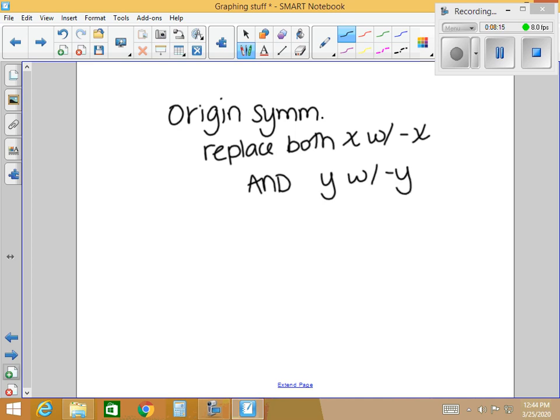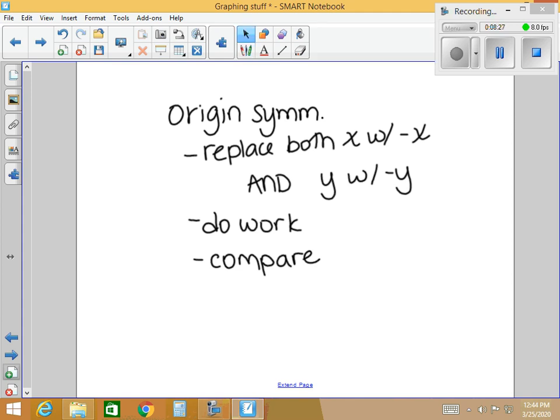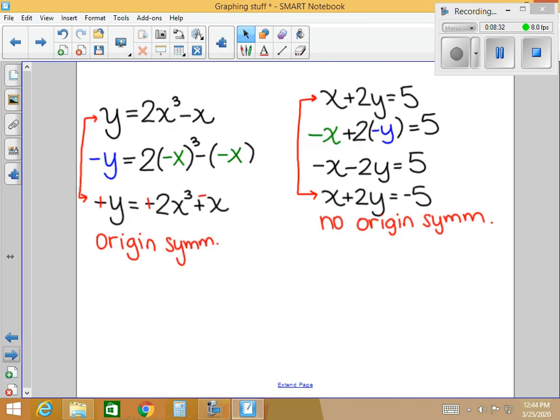And then we're going to do the arithmetic, and then compare it to what we started with. On the next page will be some examples. Again, pause them, write them down, look at them, see if you understand what happened. I have one of each. They're not terribly exciting. And if you have questions about this, let me know.